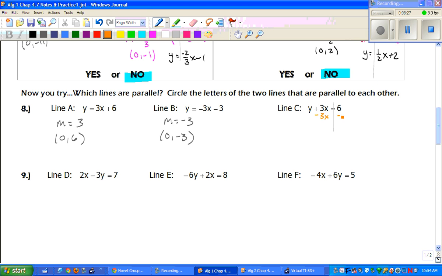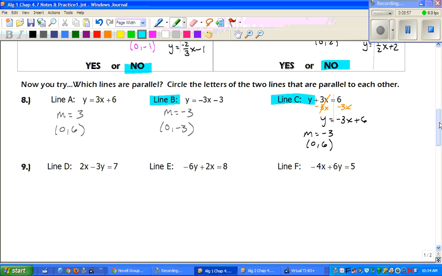So subtract the 3x from both sides. y equals -3x plus 6, which means our slope is -3 and (0, 6). All right, so which ones have the same slope and different y-intercepts? Do you know which ones they are? Should be line B and line C.